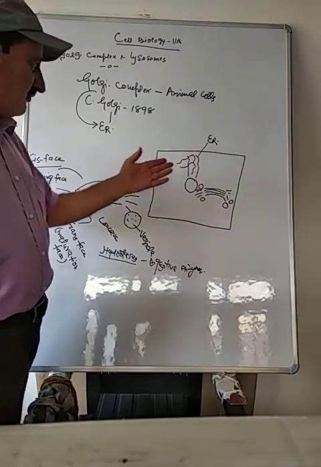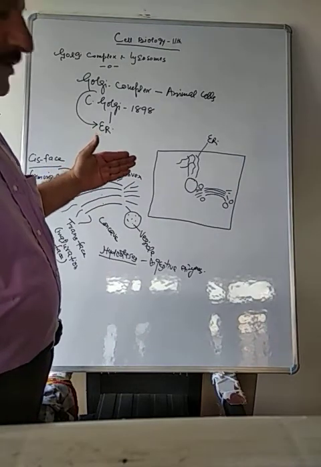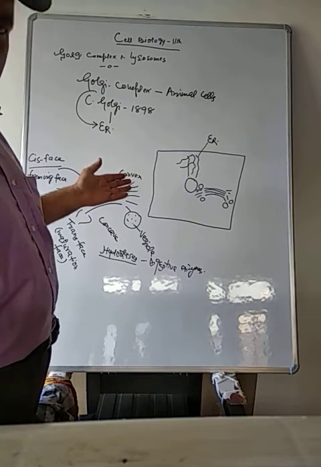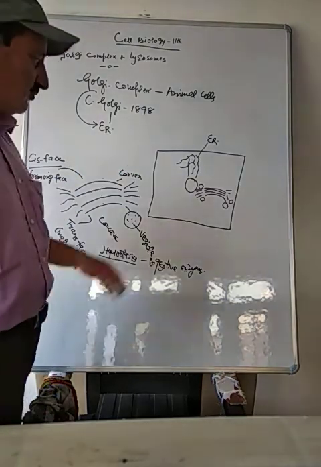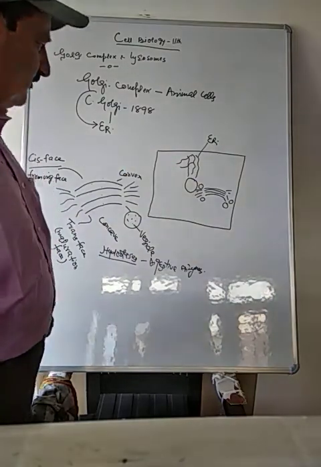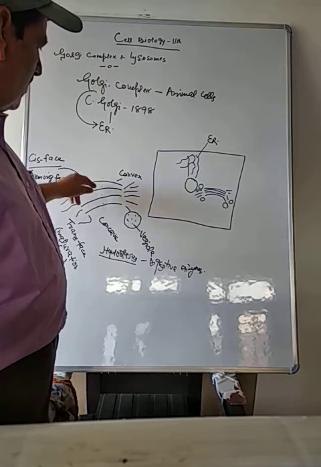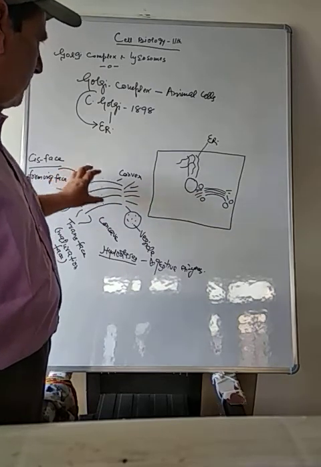The proteins are received from endoplasmic reticulum. I have told you in the previous lecture that endoplasmic reticulum has ribosomes over its surface, called rough endoplasmic reticulum, and the main function of ribosomes is to synthesize proteins, and from endoplasmic reticulum these proteins are modified or converted into enzymes by Golgi apparatus.